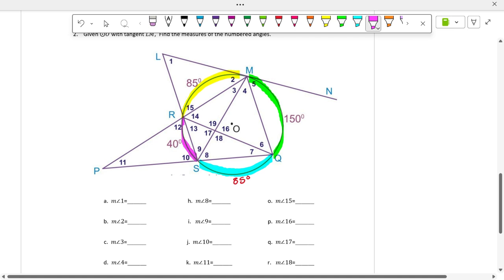So what I'm going to do is give you guys a couple of minutes. I want you to pick a place to start. It doesn't really matter where you start. In my opinion, pick a category. Do either beaks, bow ties, or inscribed first and just go through the categories. Then whatever you have left over, that's when you start using your triangle and your linear pair properties. You can work with your group mates if you want, but I want you to try this one. See if you can get it.